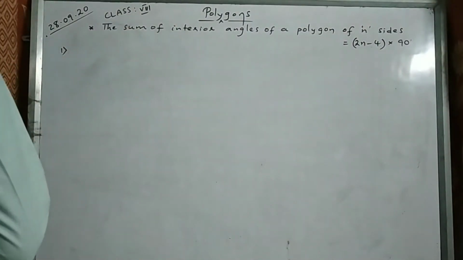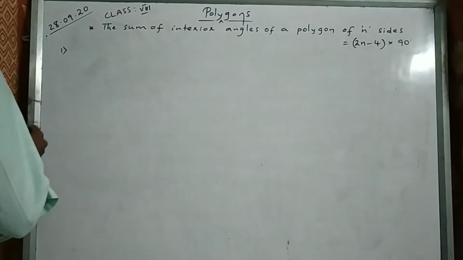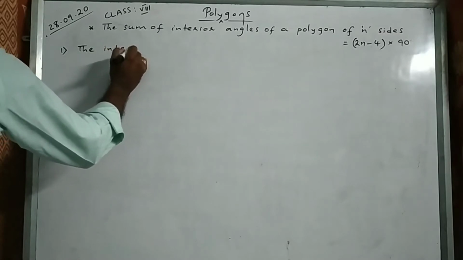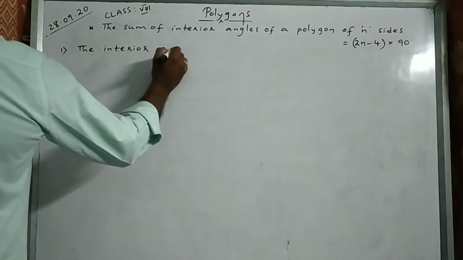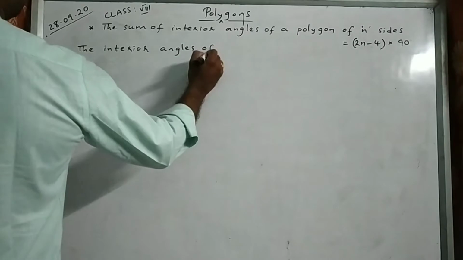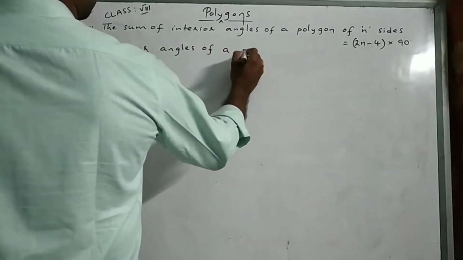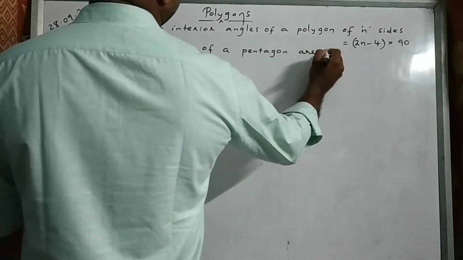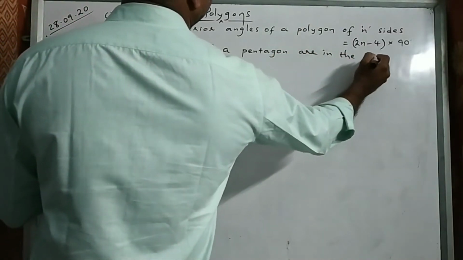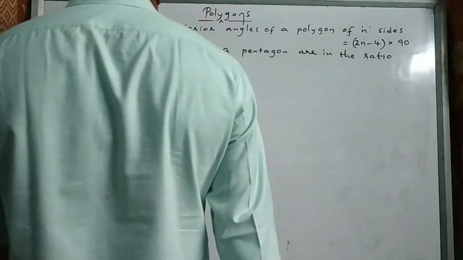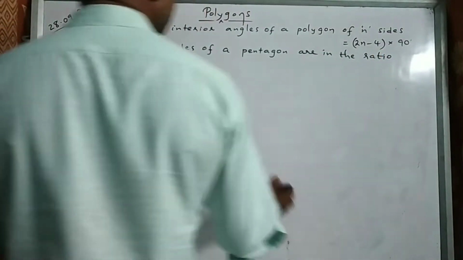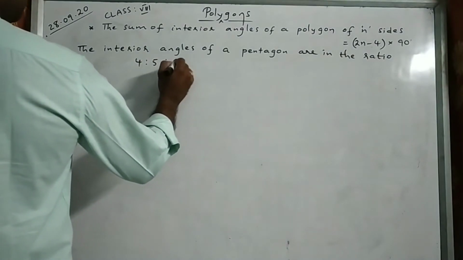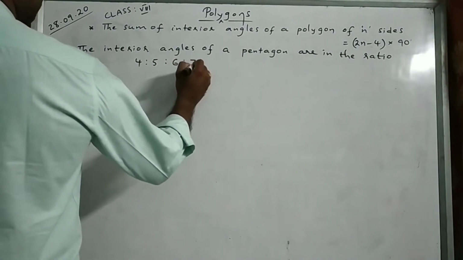Here I am doing the interior angles of a pentagon are in the ratio 4:5:6:7:5.